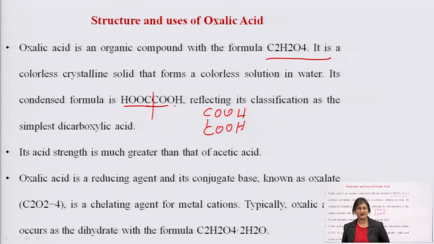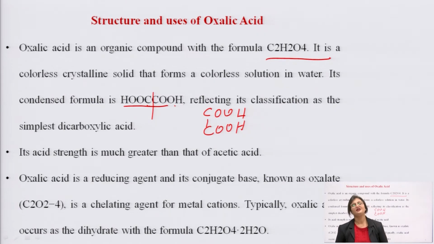Its acid strength is much greater than that of acetic acid. Being a diprotic acid or a dicarboxylic acid, the acidic strength of oxalic acid is much greater than that of acetic acid. Oxalic acid is a reducing agent.